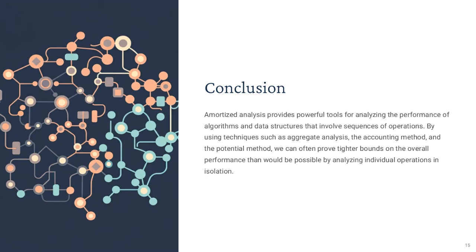Techniques such as aggregate analysis, the accounting method, and the potential method offer different perspectives on amortized analysis, each with its strengths and applications. Whether analyzing stack operations, binary counters, or dynamic tables, these methods allow us to prove that the average cost per operation remains efficient, even in the worst-case scenario. Amortized analysis is thus an essential technique for designing and evaluating algorithms in both theory and practice.